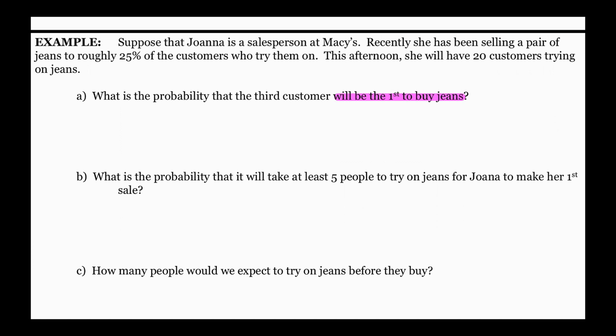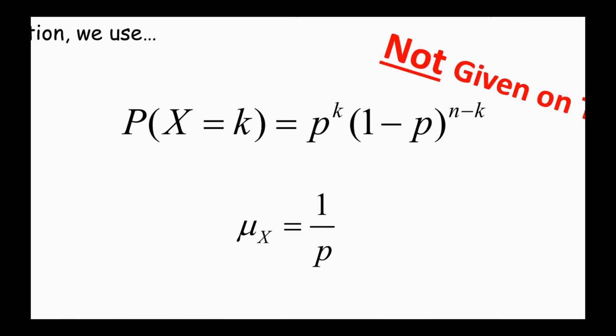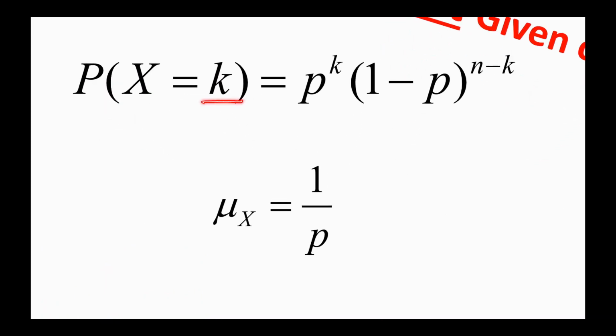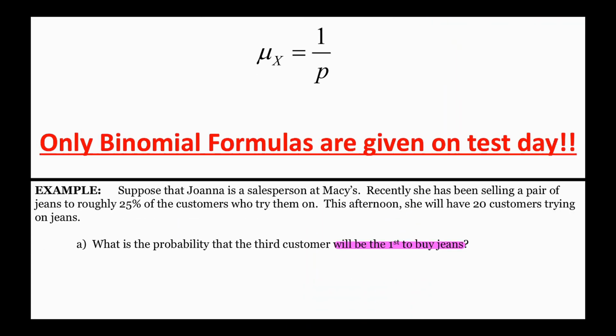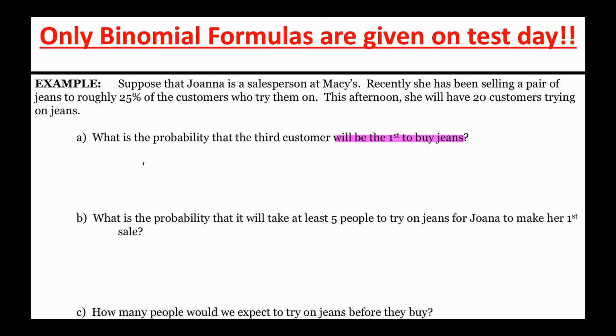The clue here is first success. When is she going to have her first success? So what is the probability that the third customer will be the first one to buy? Okay. So K is going to be 3 in this case because the third customer is the first success. Probability X equals 3.